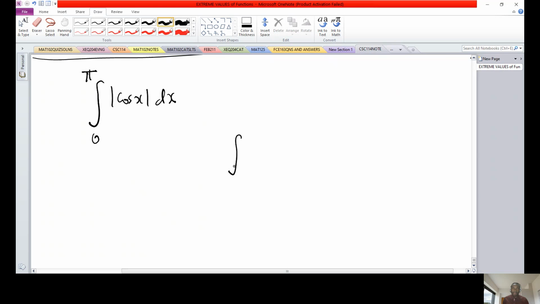So this integral will be given by the integral from 0 to pi/2 of cos x dx plus the integral from pi/2 to pi of minus cos x dx.